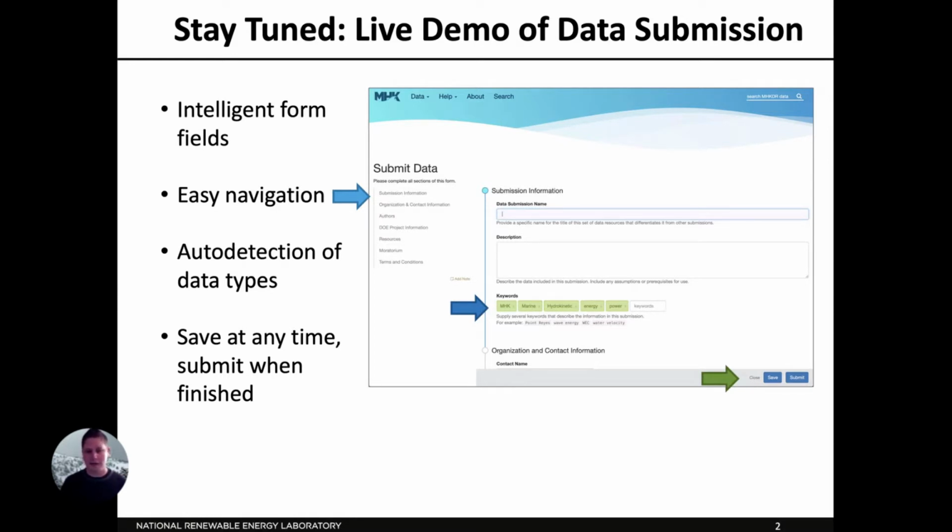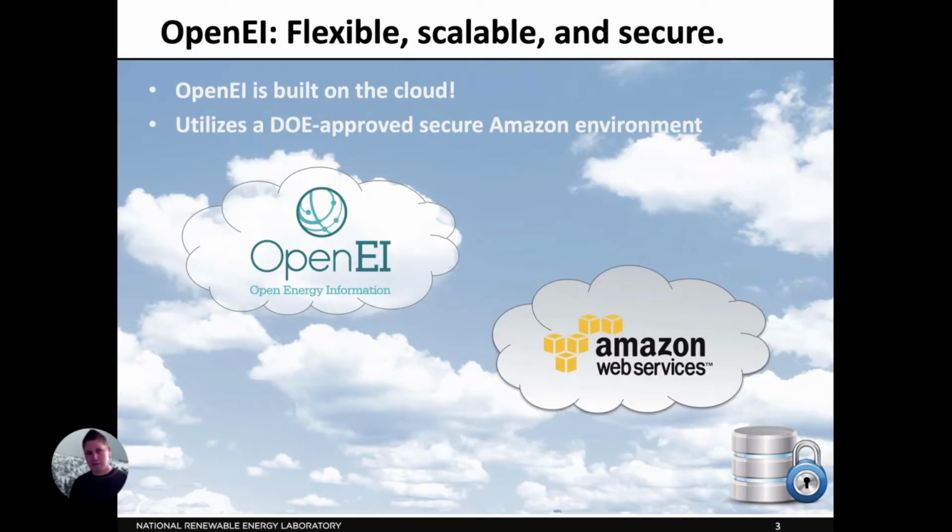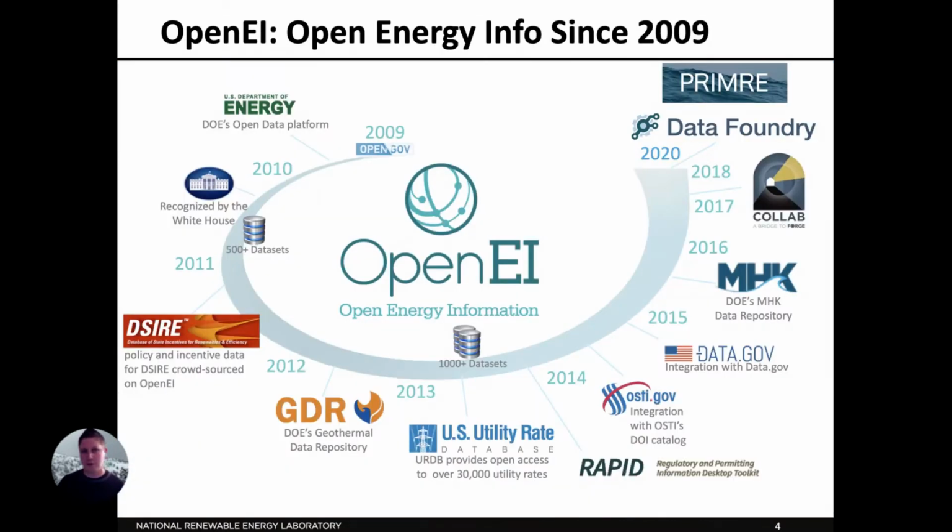So just a little background on the MHKDR. It is housed on OpenEI because OpenEI has an energy information, flexible, scalable, and secure architecture that's been around since 2009. It was started as part of the Open Government Initiative and was DOE's open data platform for more than a decade now.